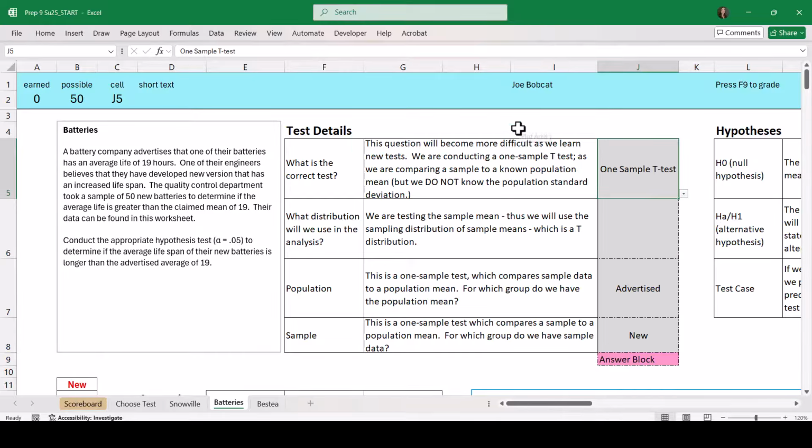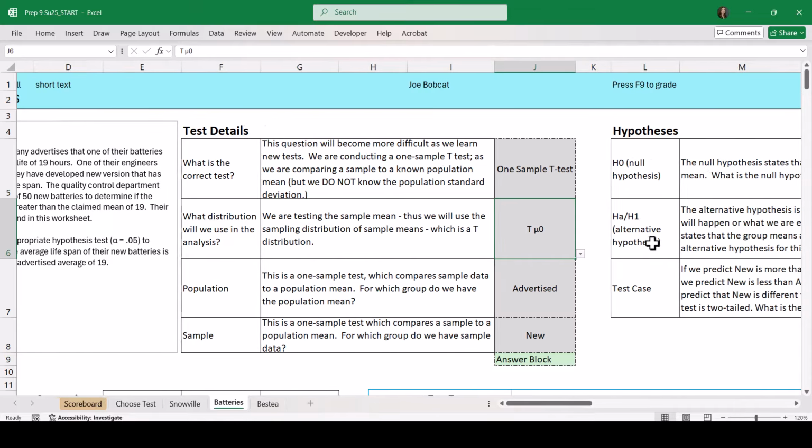So that makes it a t-test. Again, we conduct a t-test when we do not know the population standard deviation. Because we're conducting a t-test, we are going to use the t-distribution to determine the probability or the likelihood of obtaining our sample mean.